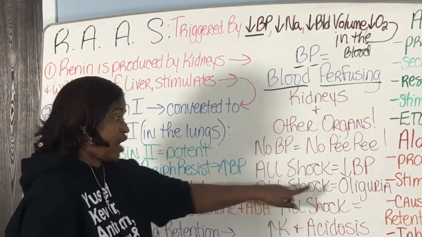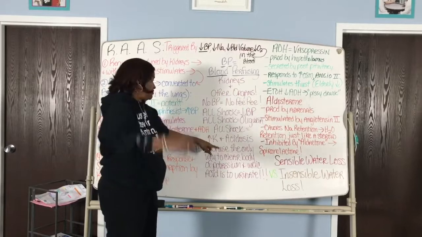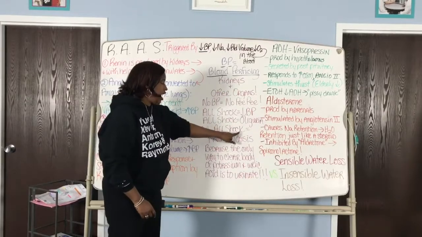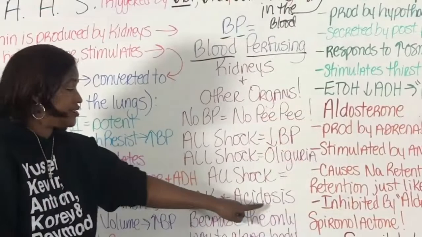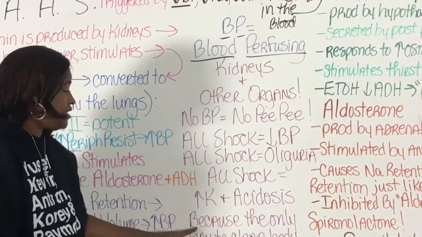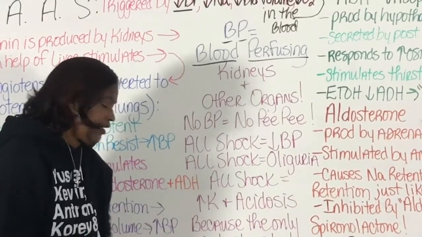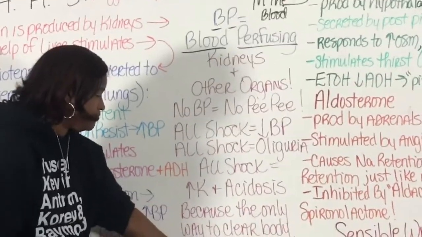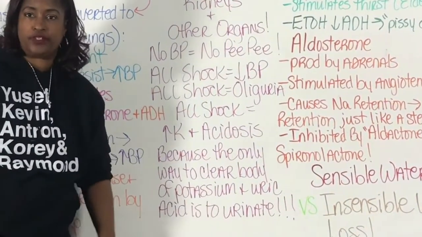So all shock patients have oliguria, which means all shock patients have a high K and acidosis, because the only way you can clear the body of potassium and uric acid is to pee it out.